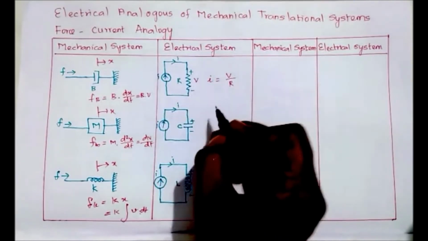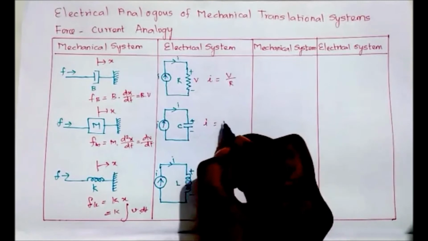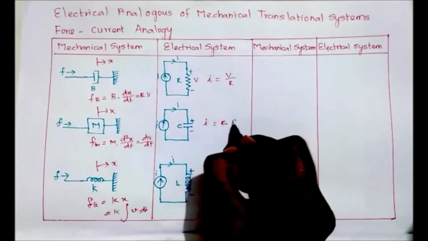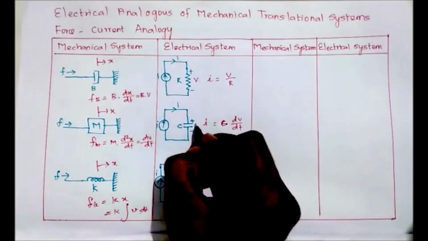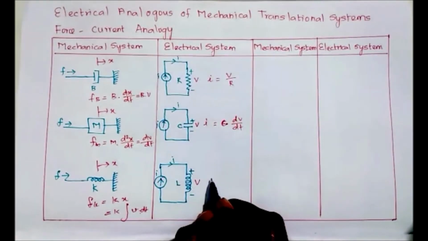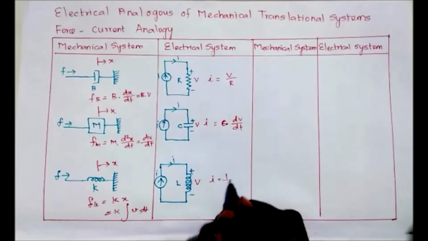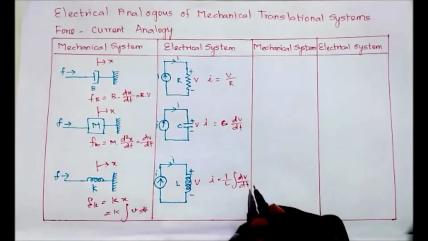For the capacitor, current equals C into dV by dt. For the inductor, I equals 1 by L integral of V dt.